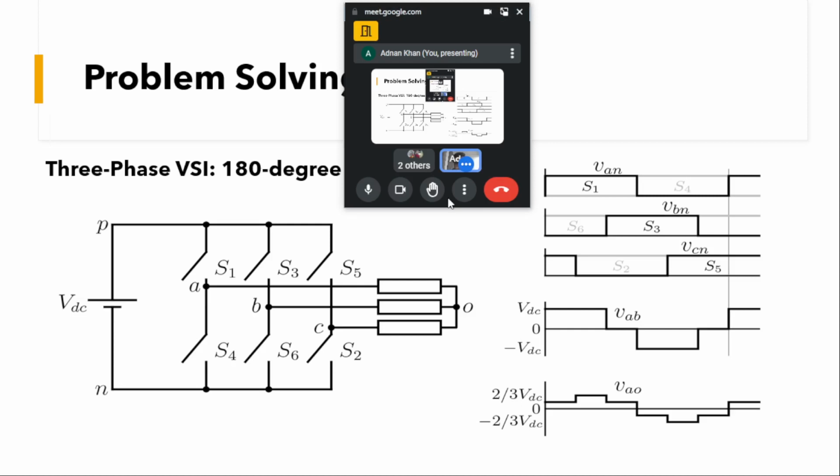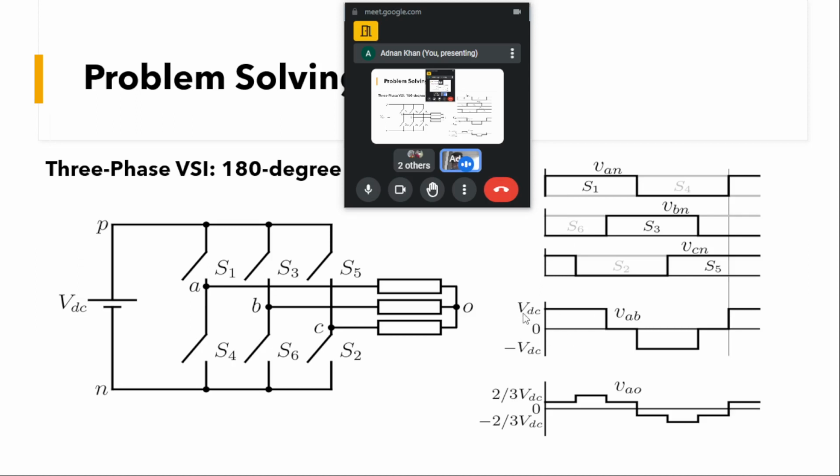If you take any 60 degree interval, we can divide it into 60 degree intervals. This is 60 degree, 60 degree, 60 degree, 60 degree, 60 degree, 60 degree. If you see, at each interval 3 devices are conducting, like here S1, S6 and S5. Are you able to get it?